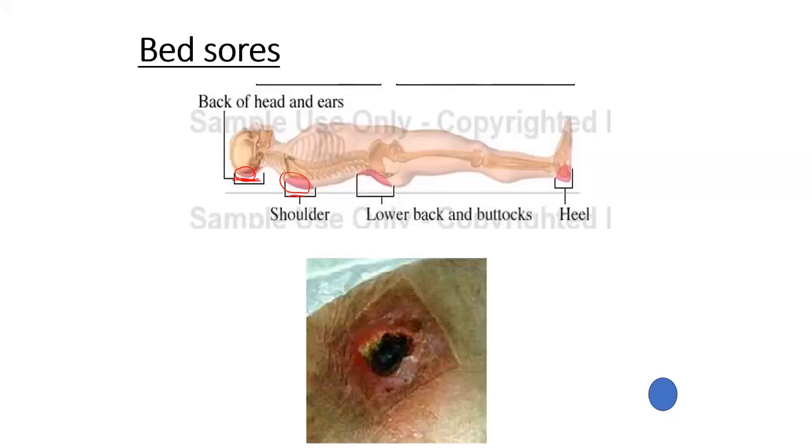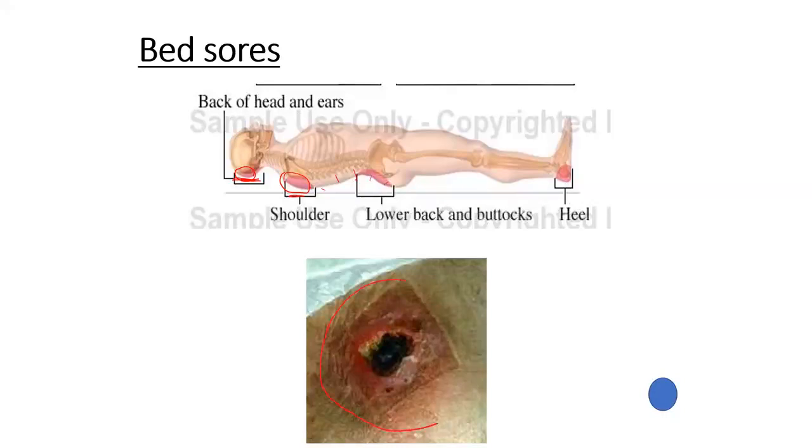These areas where we have extensive continuous pressure will have ischemia and congestion, because we have obstruction of the venous blood flow, because the veins are superficial and so they are obstructed at first, followed by congestion, followed by arterial obstruction leading to necrosis, and of course I have a lot of microorganisms on the skin, so I'm going to have gangrene.